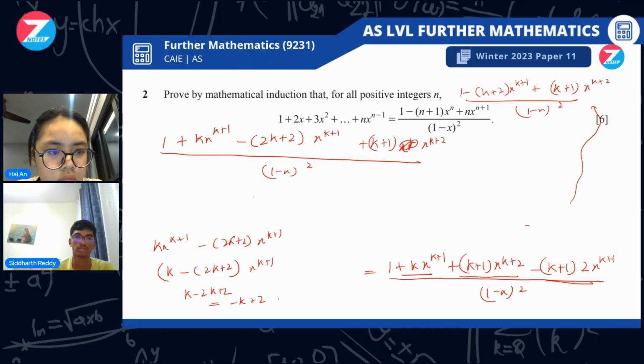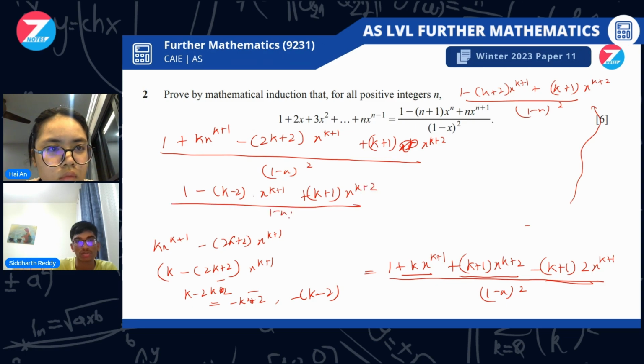So this becomes, sorry, minus 2k minus 2, so it becomes minus x minus k minus 2. So that's what we want. So we have minus 1 minus k minus 2 times x to the power k plus 1 plus k plus 1 times x to the power k plus 2 divided by 1 minus x whole square.